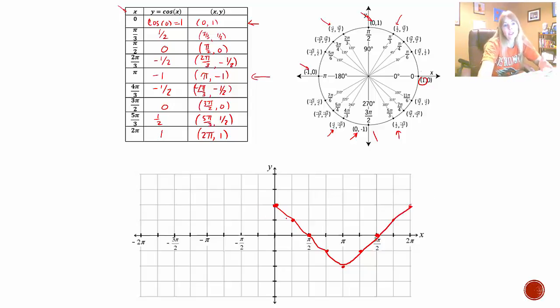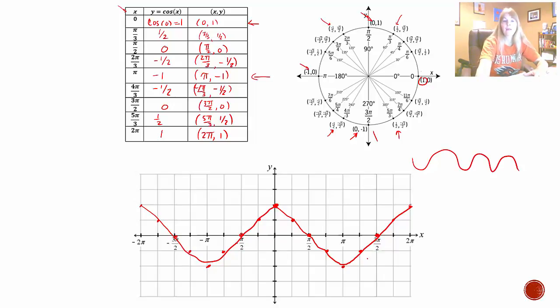Being an even function, I can do the same thing here. I can reflect these, so it's nice to not have to go and actually find these values. And so you can see that the cosine is a graph like that. But the important part is that the sine started at the origin 0, 0.